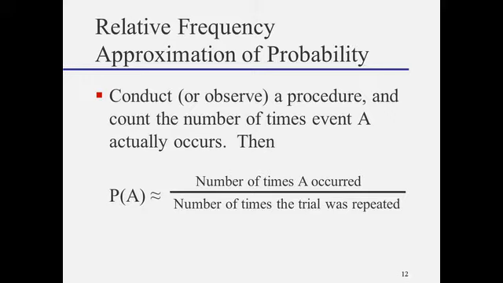Then we divide the number of times the event occurred by the total number of trials. This is the same concept we learned back in Chapter 2, taking the frequency and dividing by the total to get the relative frequency. It's called the relative frequency approximation because this method gives us an approximate probability, not an exact probability.